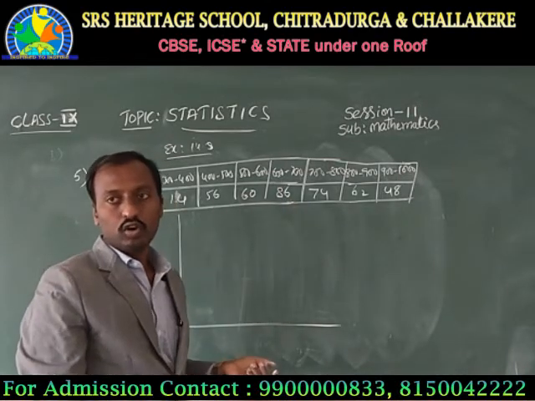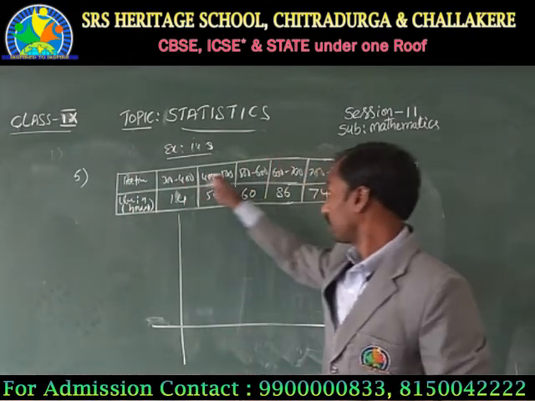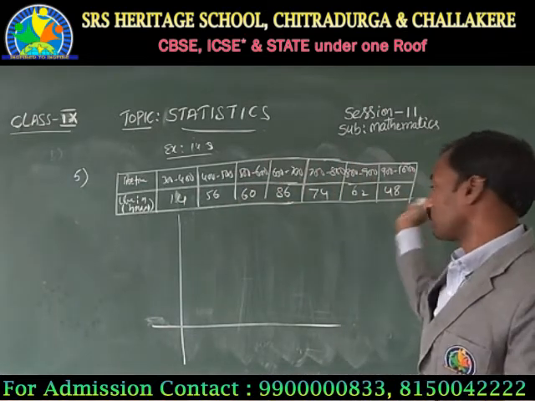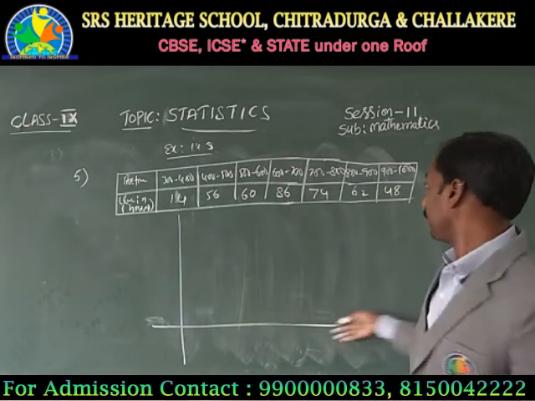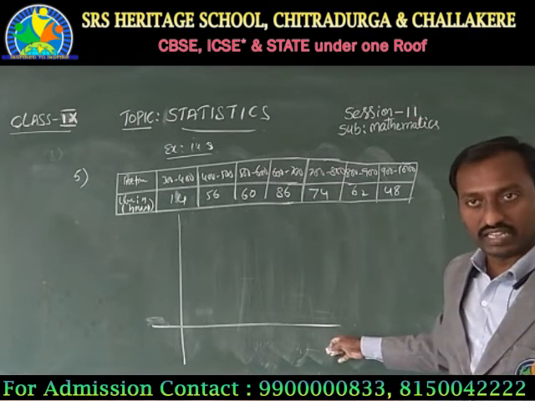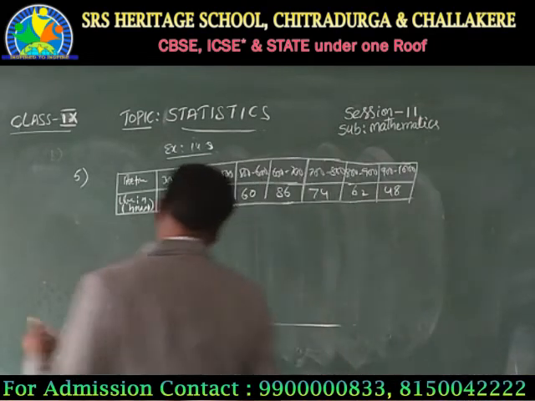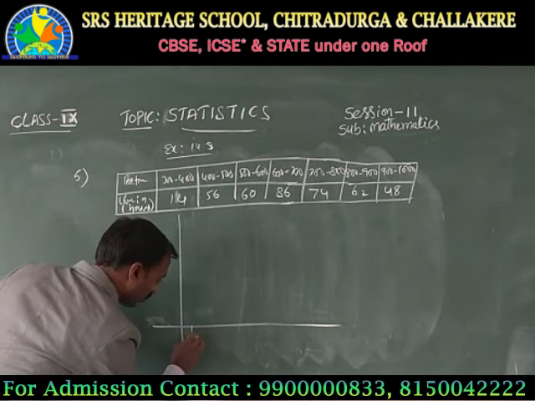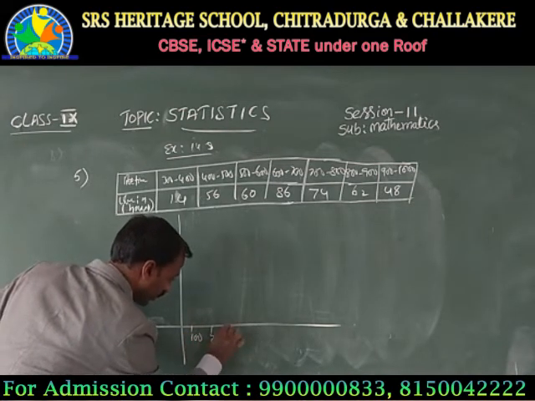On the x-axis I'll consider 300 to 1000, so if I take 100 per unit I need 10 here: 100, 200.